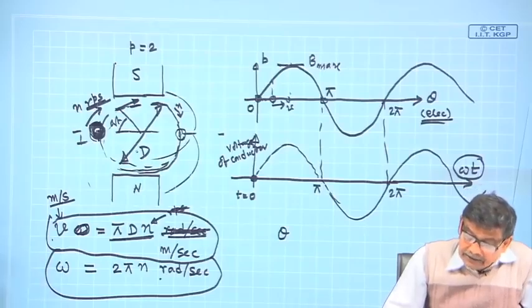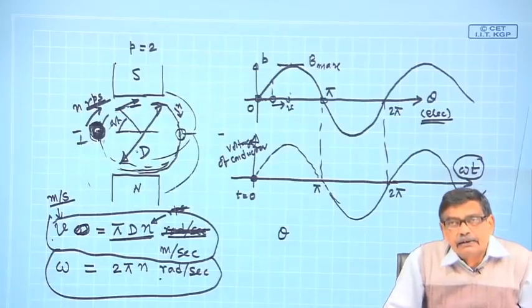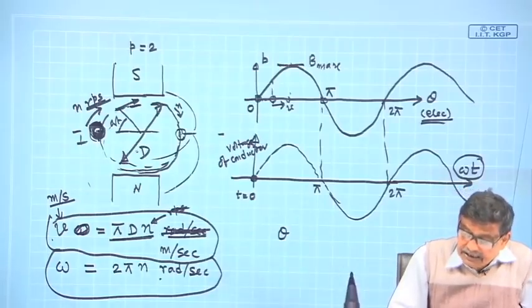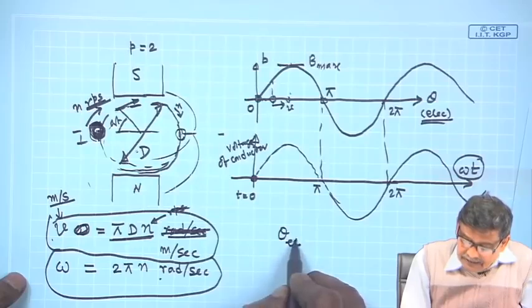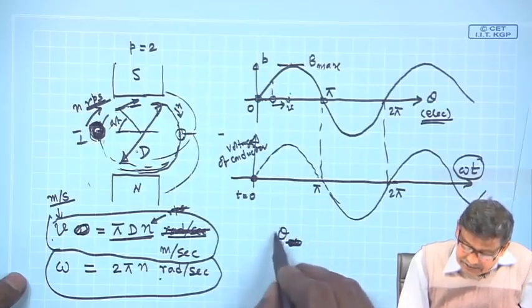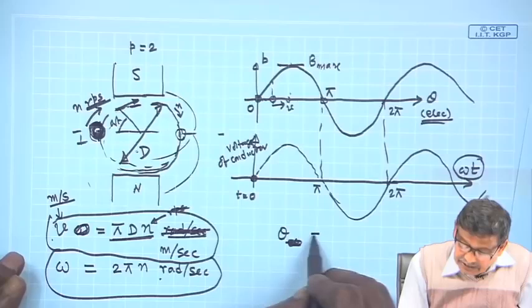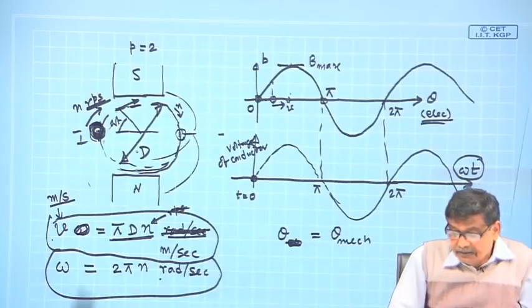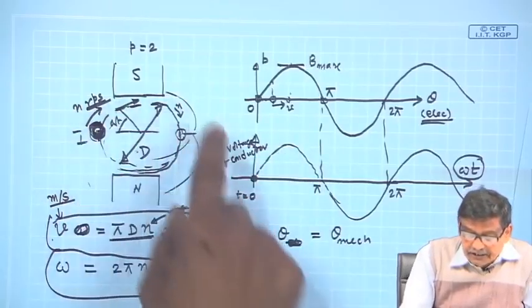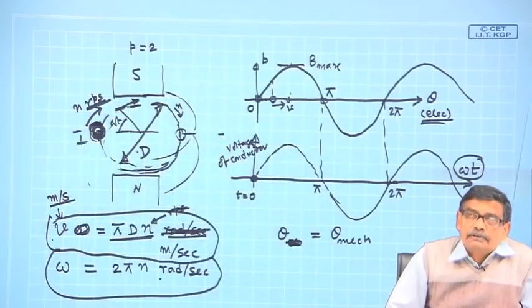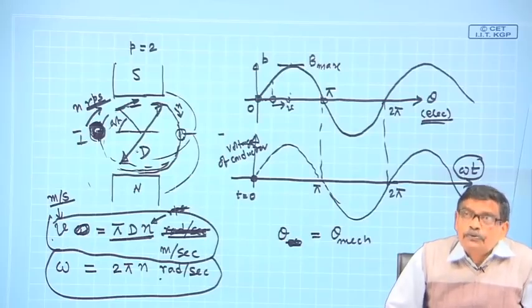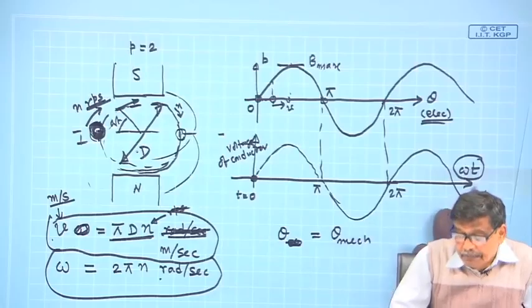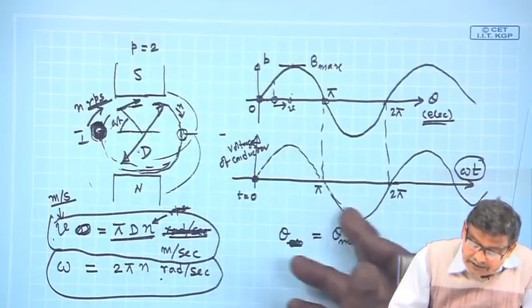In fact, in a two pole machine, electrical angle and mechanical angle are the same. So, theta electrical is equal to theta mechanical. Why? Because if the conductor makes one complete rotation, the output EMF generated, which I want to see against time, will also make a complete cycle.